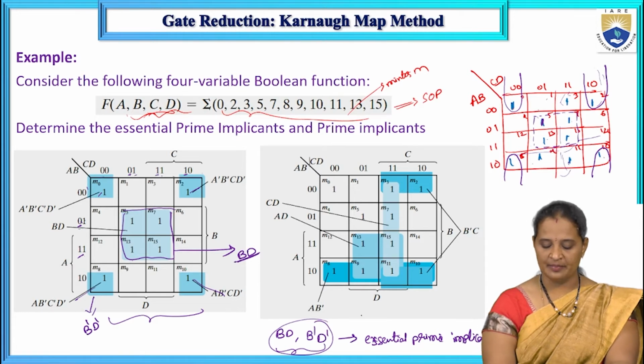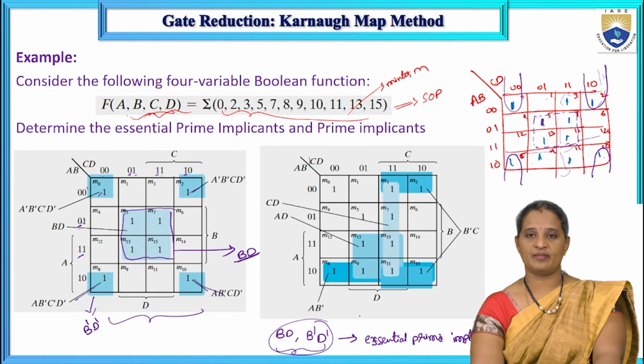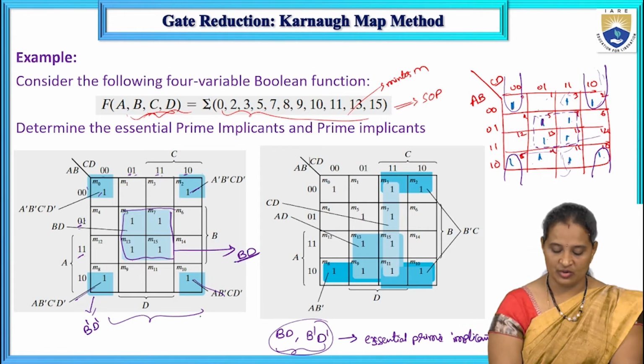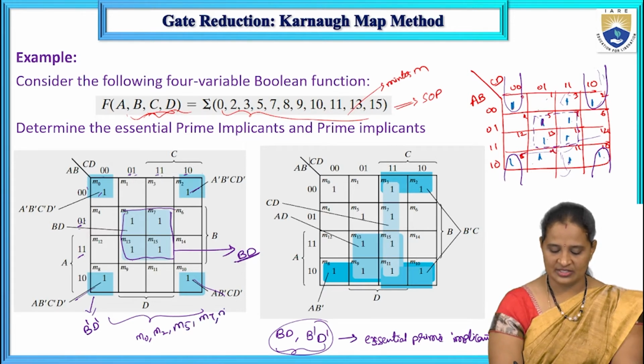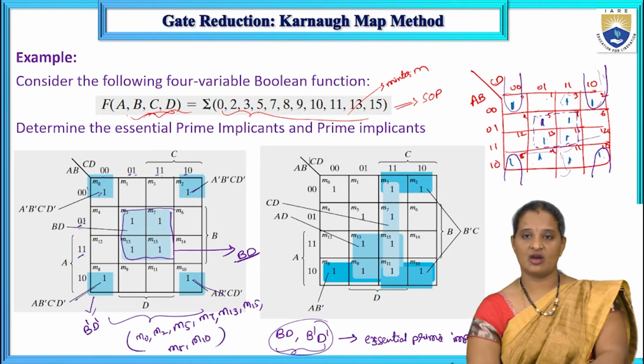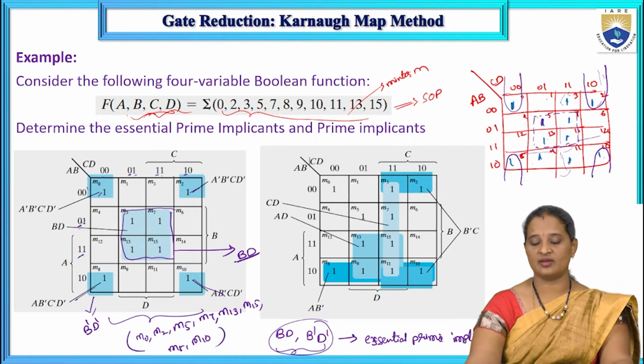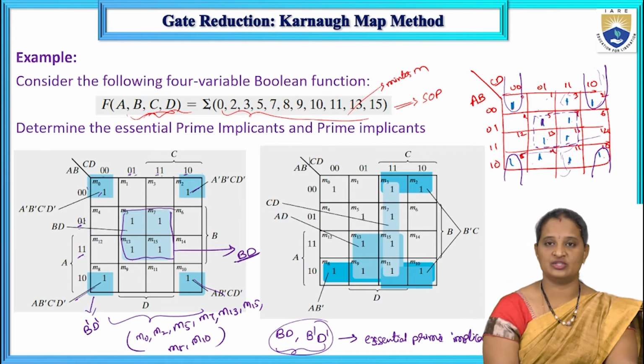So now let us see what are all the minterms that are covered by these 2 groups other than M0 and M5. So M0 is covered, M2 is covered, M5 is covered, M7 is covered, next M13, next M15, and then M8 and M10. So these are all the minterms covered. Now let us see what are the minterms that are not covered by these 2 groups.